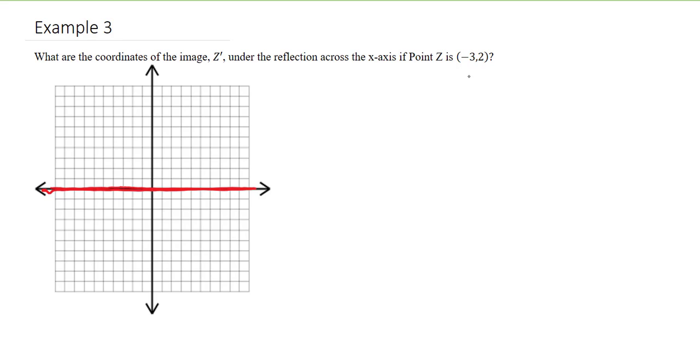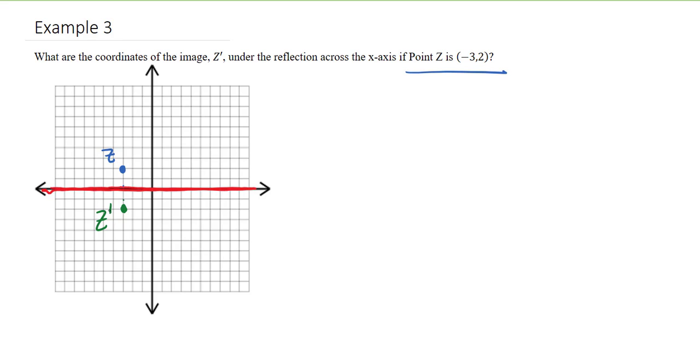Z is (-3, 2), so we go 1, 2, 3, up 2, and that's our z. If this is the mirror, we go as many points away from this line on the opposite side. This is away 2 spots, so we go 1, 2, draw a point there, and we have z prime.